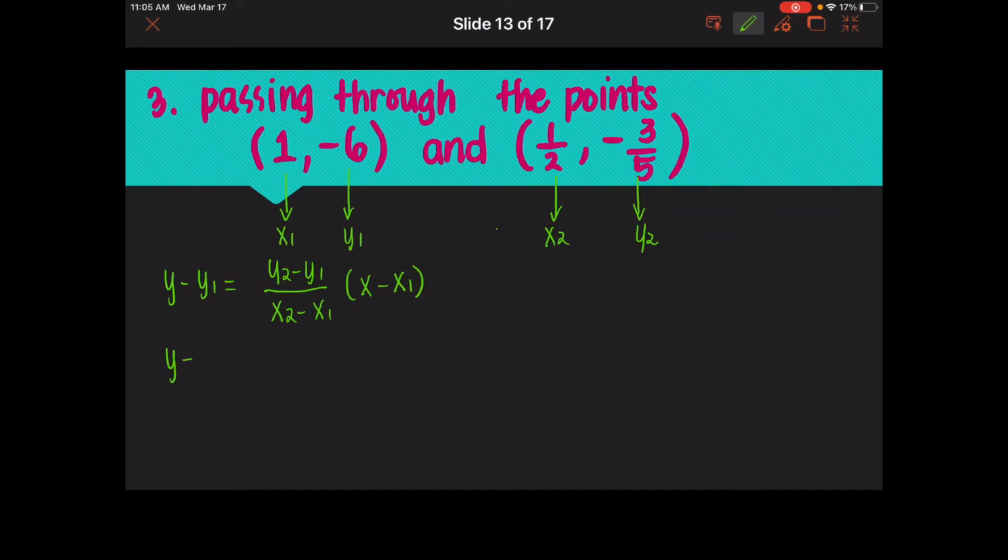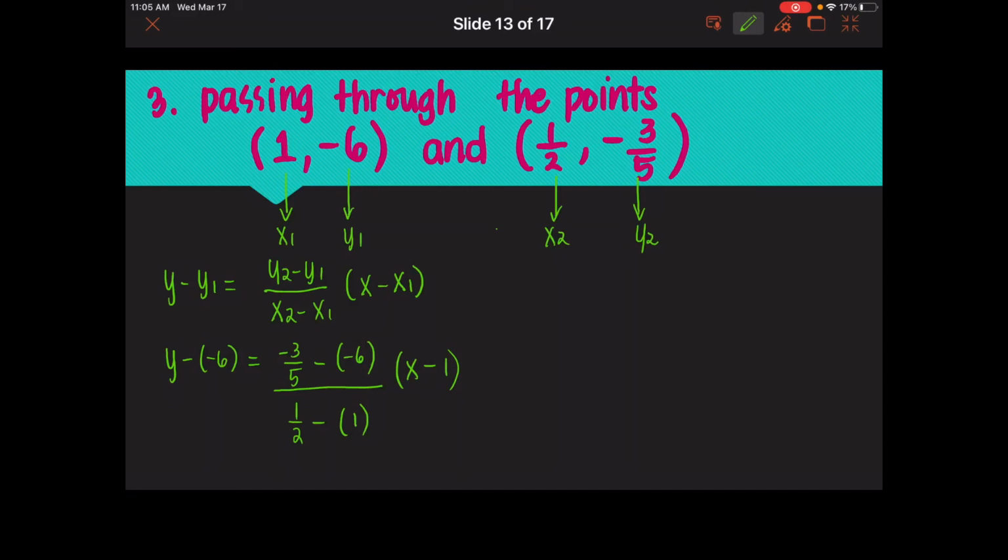So y minus, my y sub 1 is negative 6, equals y sub 2 is negative 3/5 minus y sub 1 is negative 6 over my x sub 2 is 1/2 minus x sub 1, which is 1, times the quantity x minus x sub 1, which is 1.